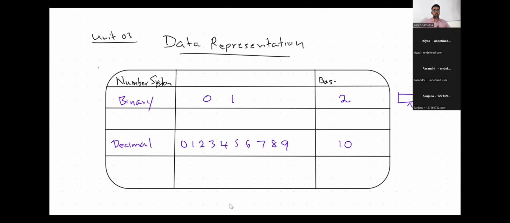Then what is the base number of the binary number system? 2. Why? It uses a total of 2 symbols. Number of symbols will be 2. Symbols used.